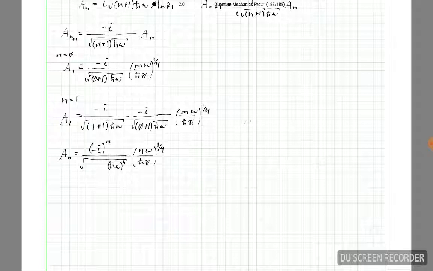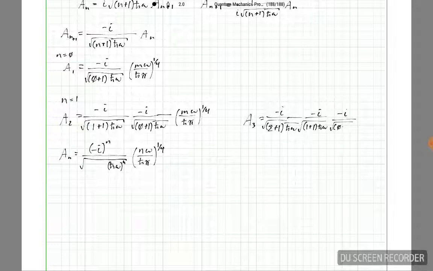If I went on to do a3, this might be a little bit more clear. Now I would have 2 plus 1 h bar omega, and then times this, which would be 1 plus 1 h bar omega, because now I have to multiply by a2.